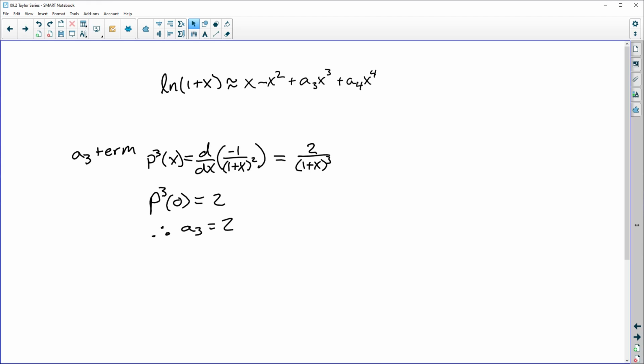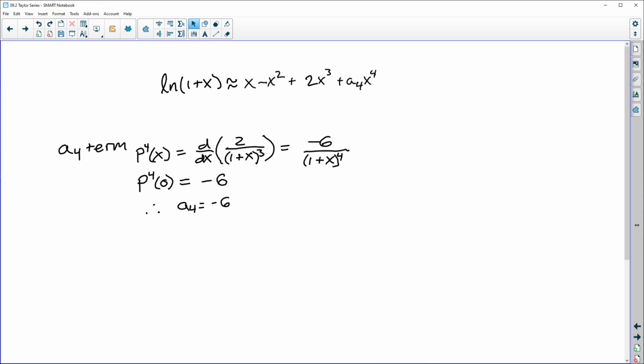So taking the first derivative of the second derivative brings down a negative 2. Combining that with a -1 gives us a +2 all over 1 plus x to the third, simplifying down to a3 equaling 2.